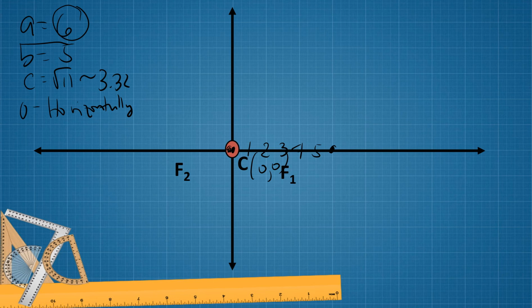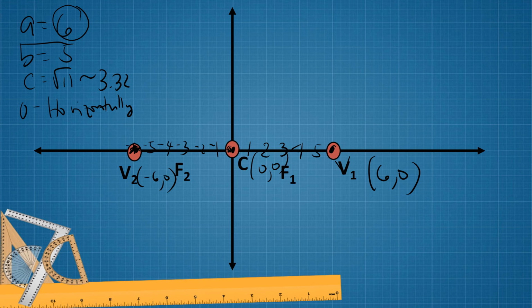Therefore, the first vertex is located here. And for the second vertex, we count 6 units: 1, 2, 3, 4, 5, 6. So the second vertex is located here. Therefore, we have V sub 1 and V sub 2. As we can see, V sub 1 is located at (6, 0) and V sub 2 is located at (-6, 0).